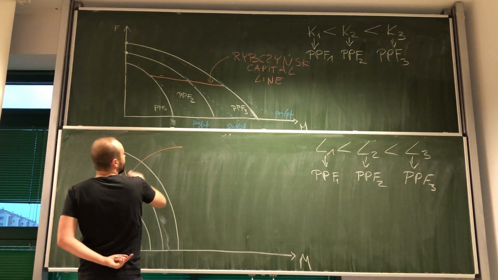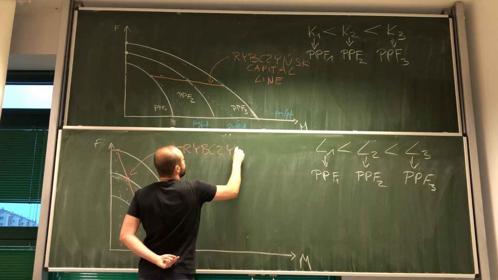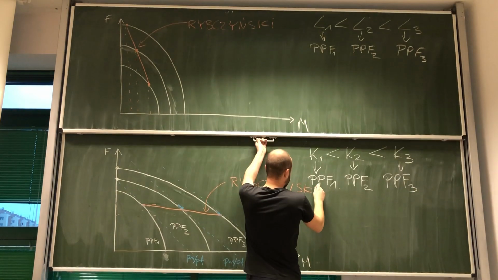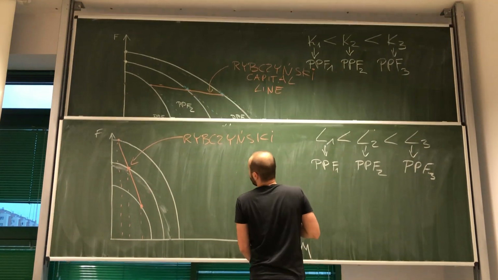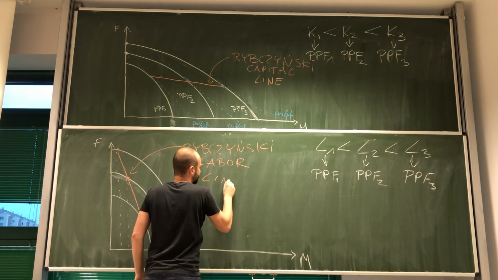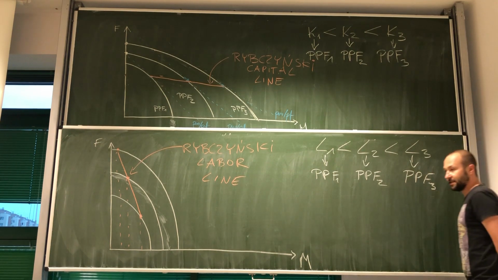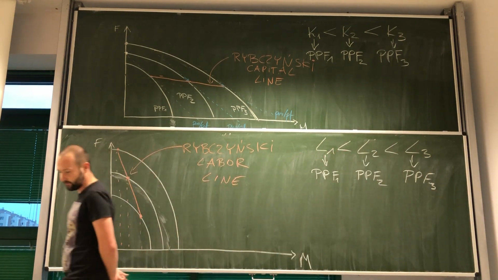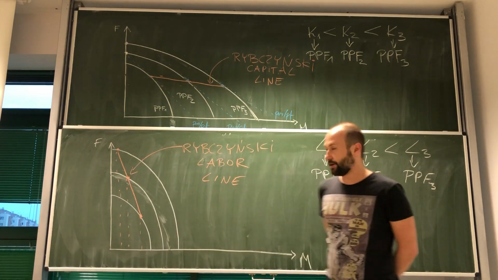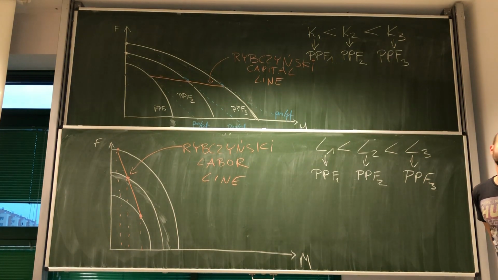So this one is going to be called Rybczyński labor line. Okay, and this is it about production possibility frontier. In the next video, we are going to discuss the structure of neoclassical model of trade. So, see you in the next video.